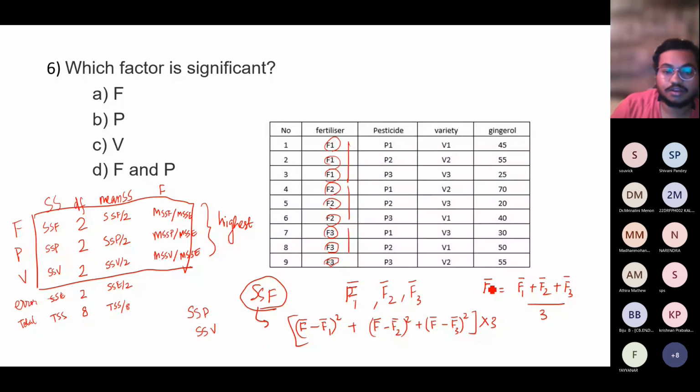For calculating the sum of squares, we subtract the average of fertilizer from each of these fertilizer values, square them and add them, and multiply by 3 because each has 3 data points: 3 for F1, 3 for F2, and 3 for F3. Is everyone clear up to now?